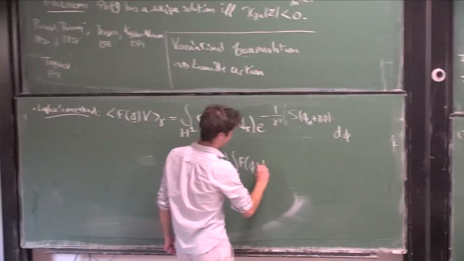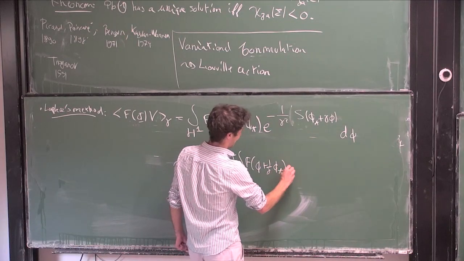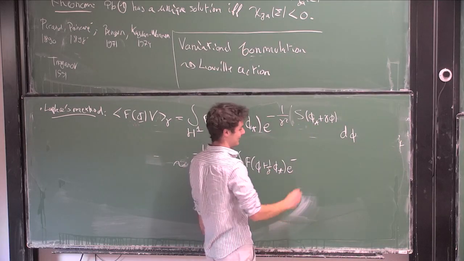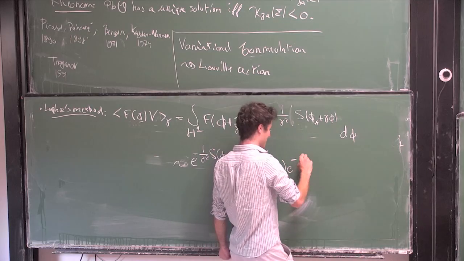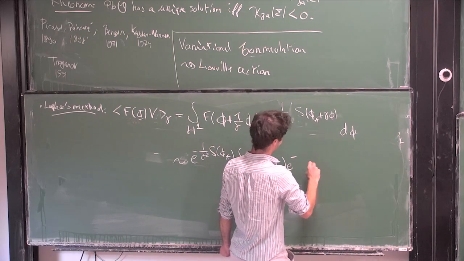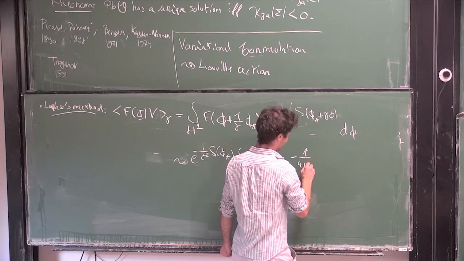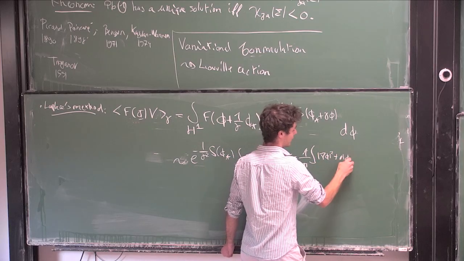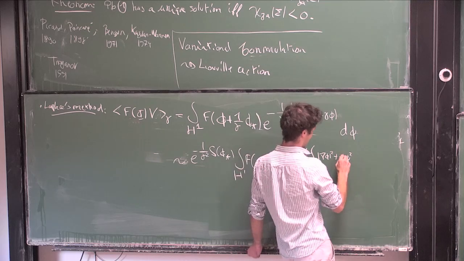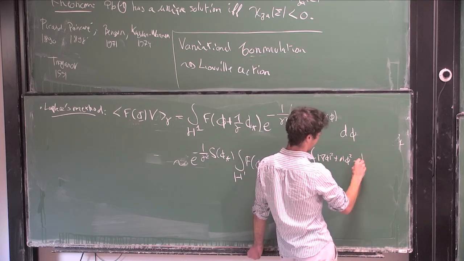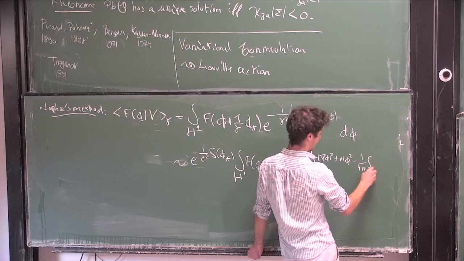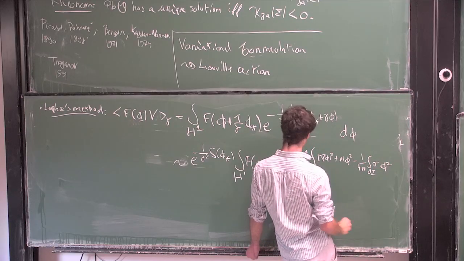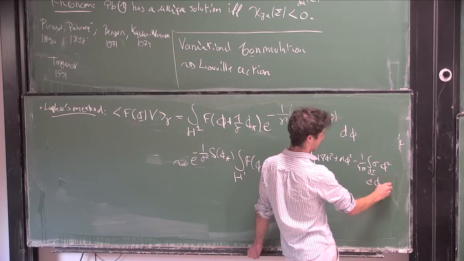is just a formal computation anyway. Exponential minus, you do your Taylor expansion, and then what you get is 1 over 4 pi grad phi squared plus lambda phi squared, maybe there is 2, minus 1 over 4 pi delta sigma phi squared d phi.